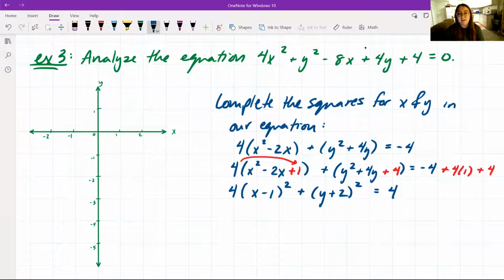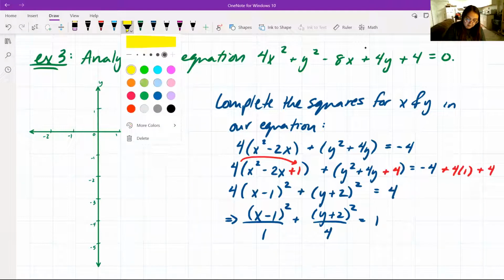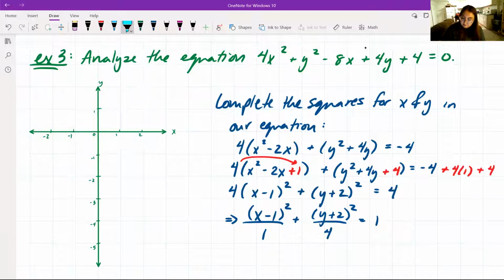So we're going to divide each term by 4 to end up getting x minus 1 squared divided by 1 plus y plus 2 squared divided by 4 is equal to 1. So here's our equation in the form that we would like it in.